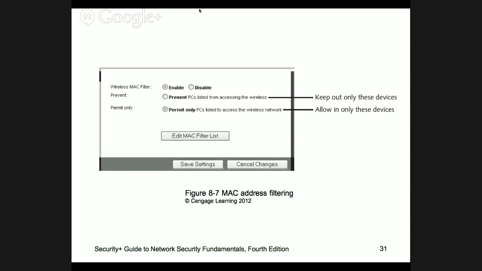That makes sense? There are cases where you would want to use prevent, in areas where you've had some activity from devices trying to connect to your Wi-Fi, not really a person, but a device. You can block it through the prevent. I've done that before, and that works really well.